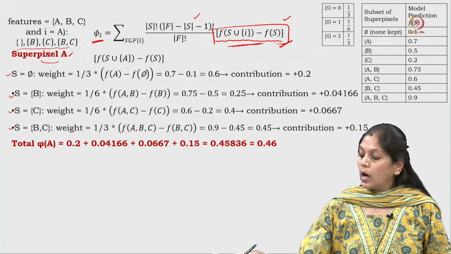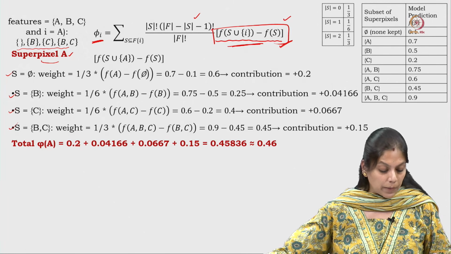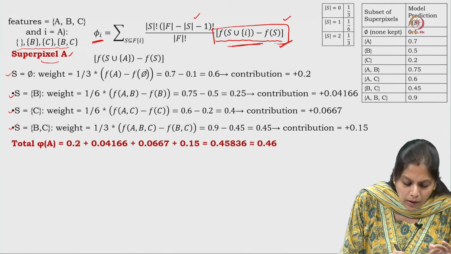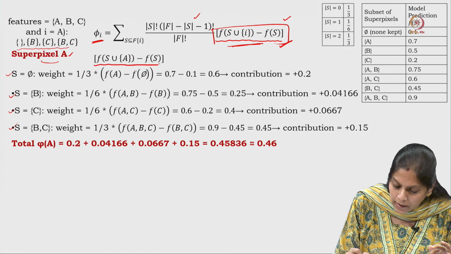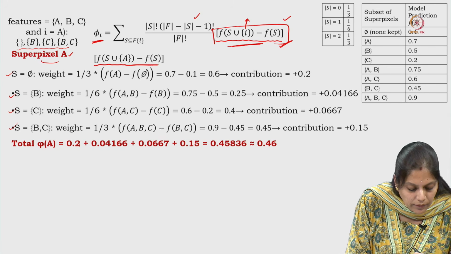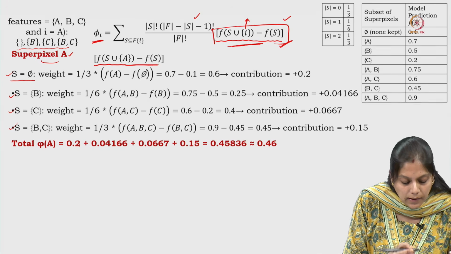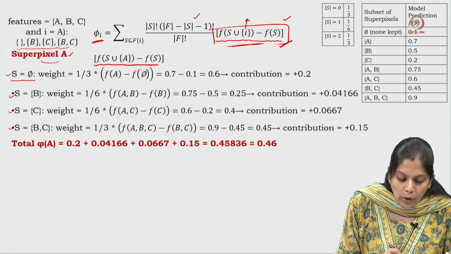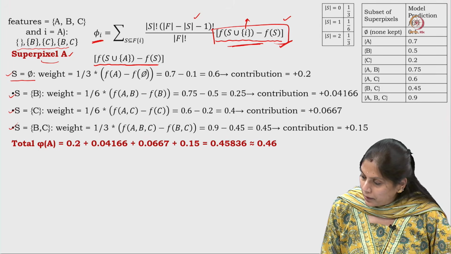Now, let us see how we are going to calculate it. What exactly is i here? i is A. What is S? S is null. So, how are you going to calculate this value?